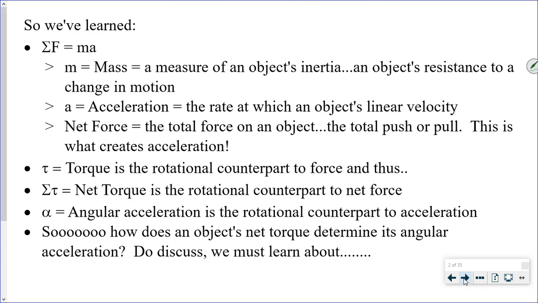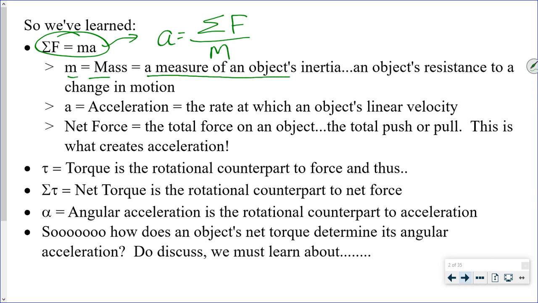So what have we learned? When we talked about Newton's laws, we learned that the net force acting on an object is equal to the mass times the acceleration. Or maybe more usefully, the acceleration of an object depends on the net force, the total of all of the forces pushing or pulling your object, divided by the mass. Now remember, in physics we define mass as a measure of an object's inertia, its resistance to a change in motion.